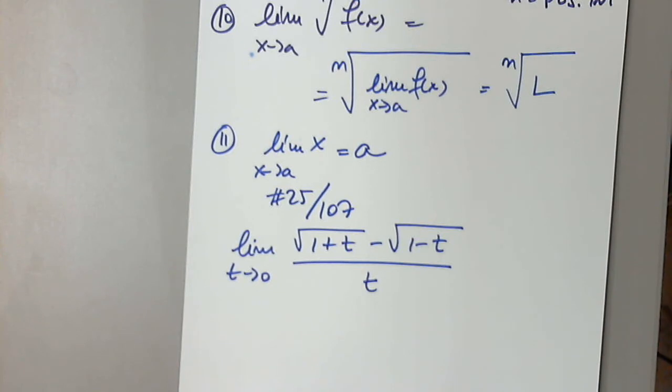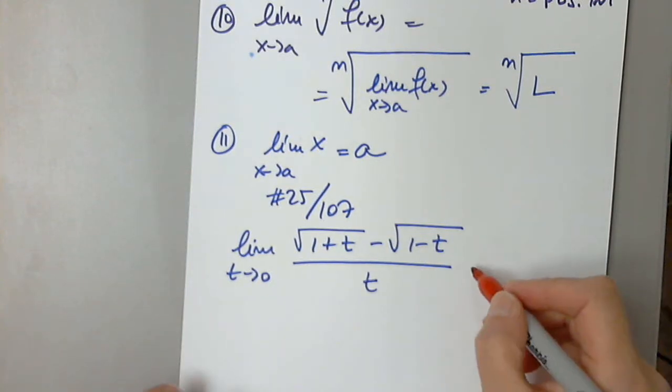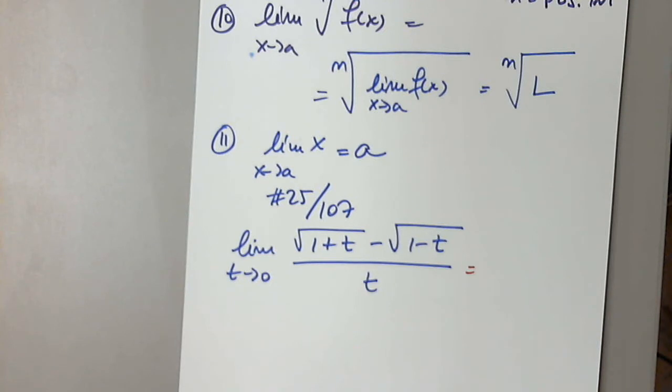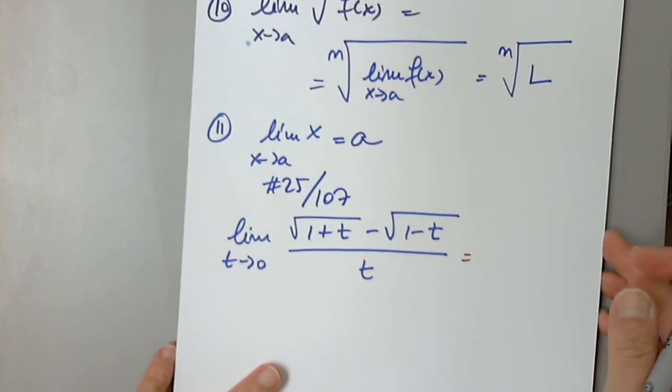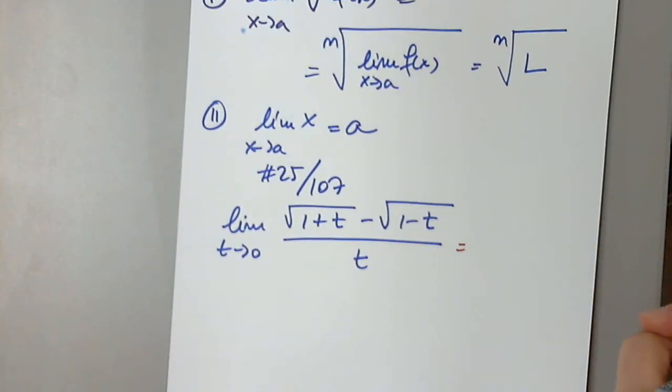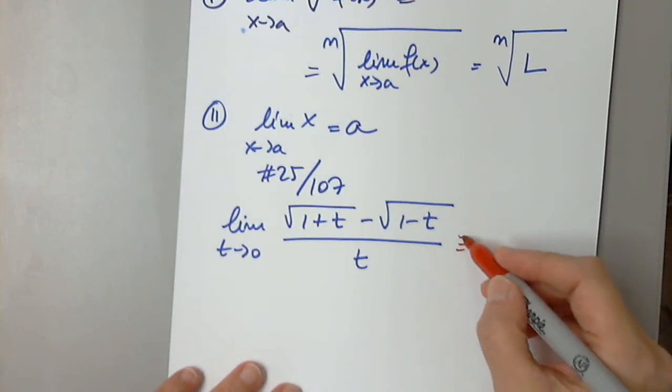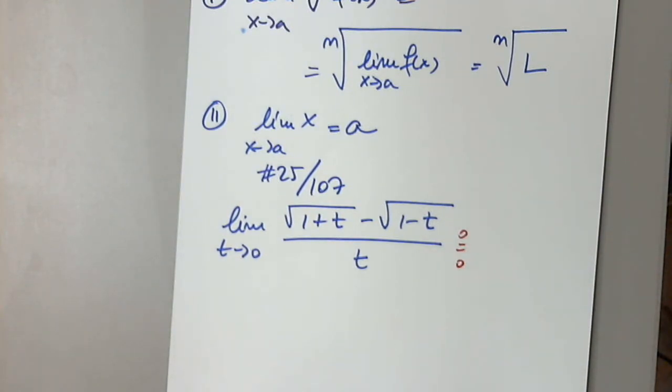And yes, I'm going to ask you, what do we do first? You have to say, plug it in. I'm going to plug it in. What do I get? The limit is 0 over 0. Is there hope? Yes. Is there a guarantee?